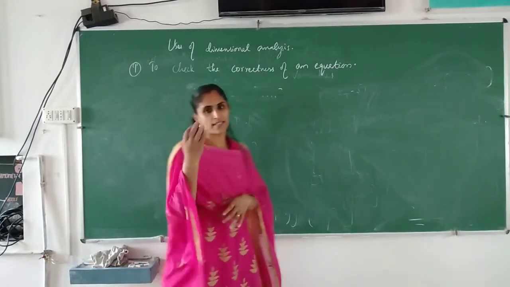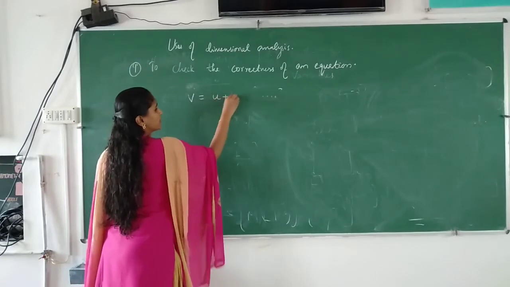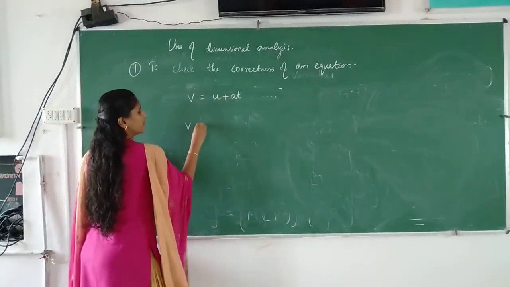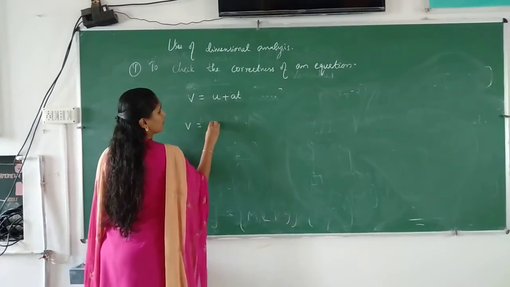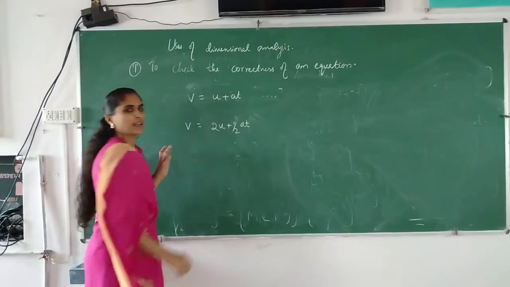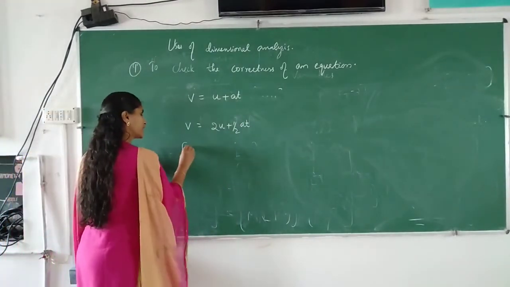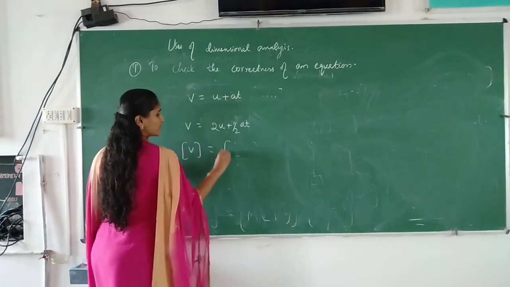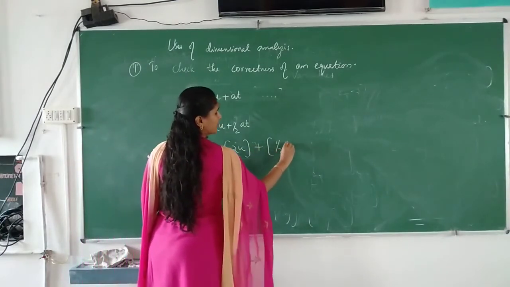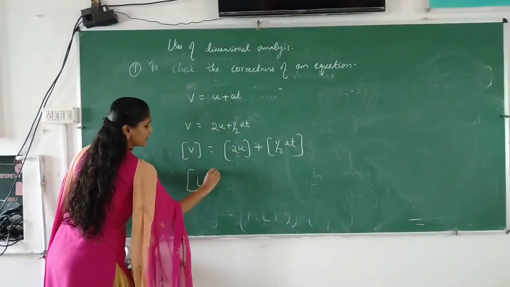Why? For example, consider the equation v is equal to u plus at. This is the actual equation. If instead of this, we write v is equal to 2u plus half u, this is also correct according to dimensional analysis. If you find each term here, you will get the same dimension. Here you will get L T to the power minus 1.